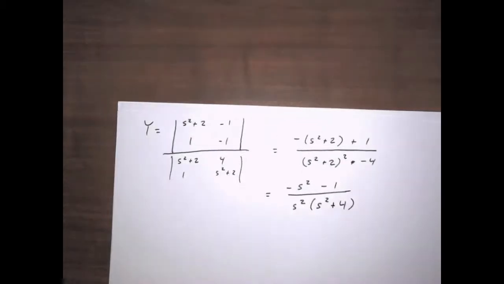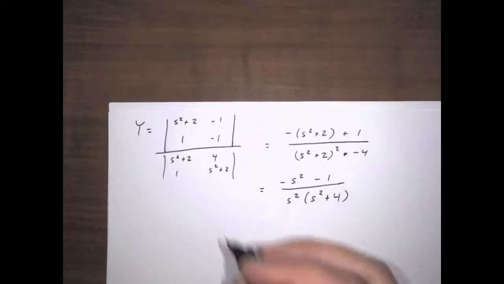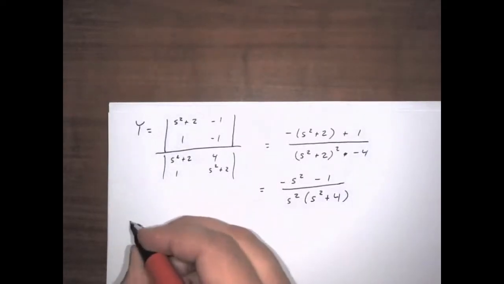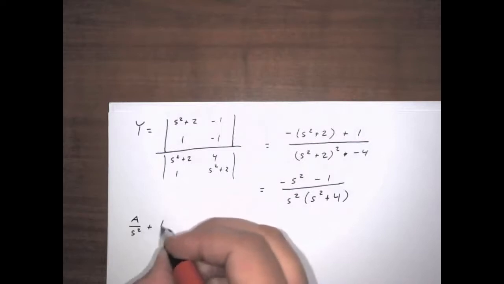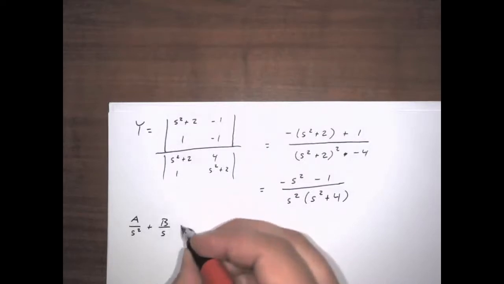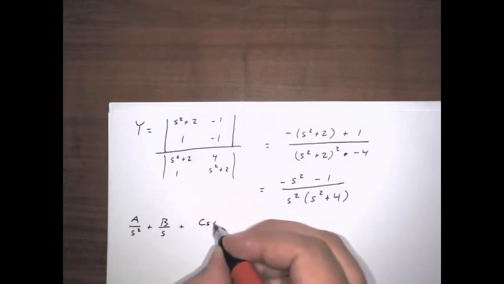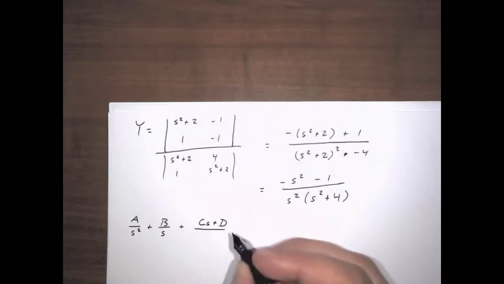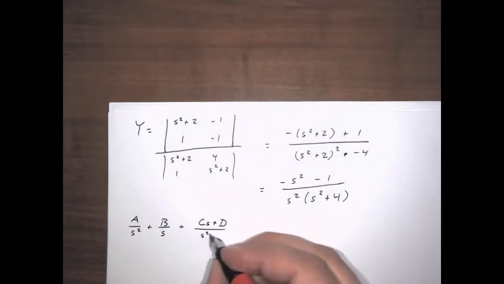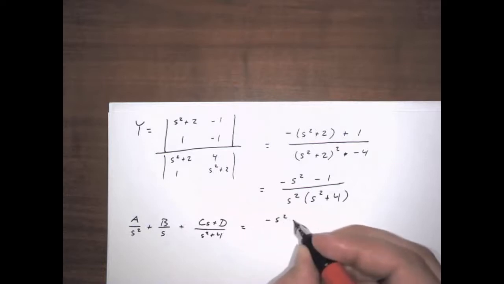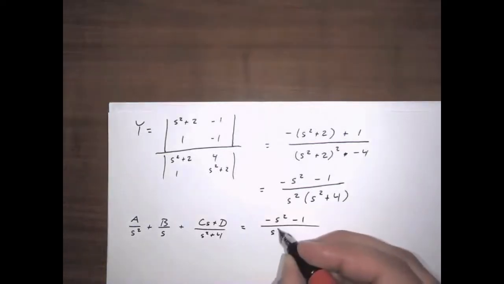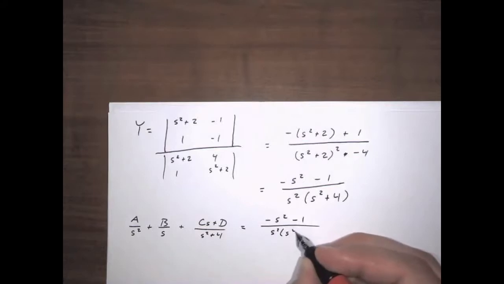But this is going to break down in exactly the same way as before. So we're going to have a over s squared plus b over s plus cs plus d over s squared plus 4 equal to negative s squared minus 1 over s squared times s squared plus 4.